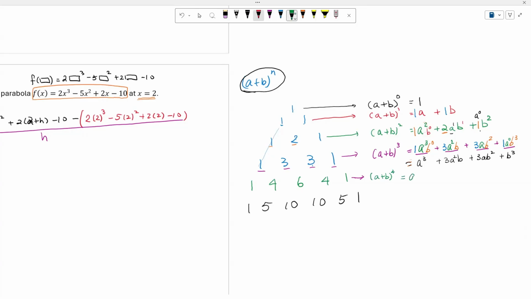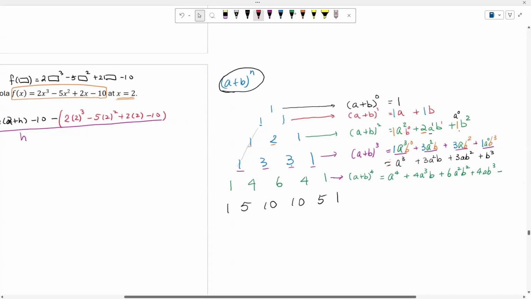It will be a to the 4 plus 4 times a to the power 3 b plus 6 times a to the power 2 b squared plus 4ab to the power 3, and plus b to the 4.